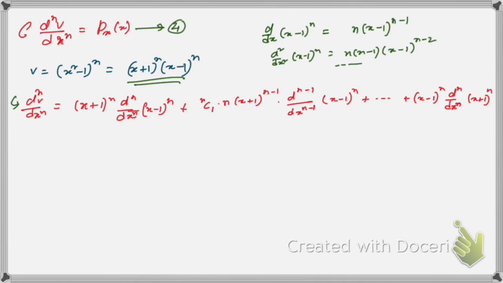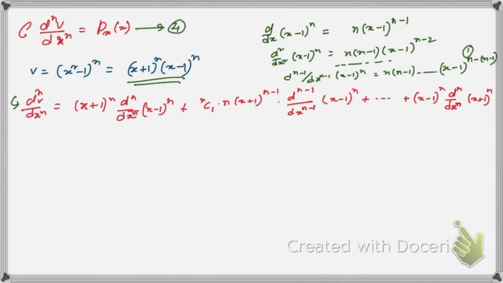And if you continue this way, and if you find the n minus 1 order derivative of the same function x minus 1 whole to the power n, then you will get n into n minus 1 and so on, times x minus 1 whole to the power n minus (n minus 1), that means that's going to be to the power 1, right?